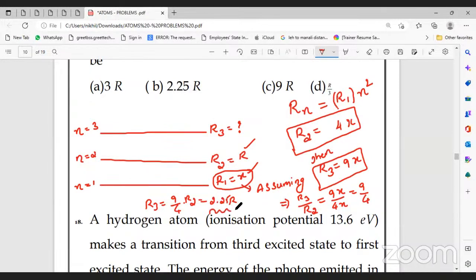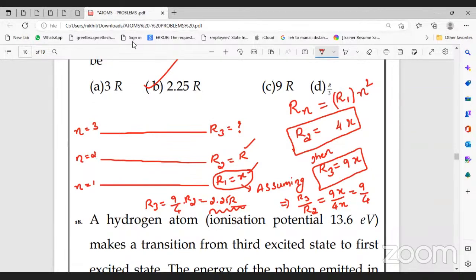So the radius of the third orbit in terms of the second orbit radius is 2.25 times R. So option B is the right answer, 2.25 R. Got it?